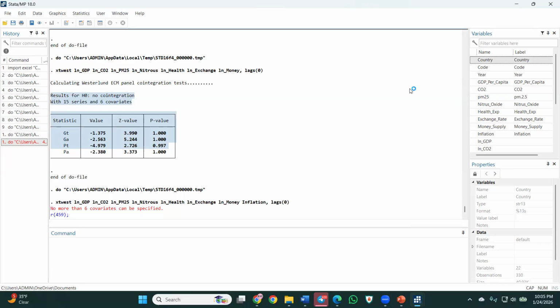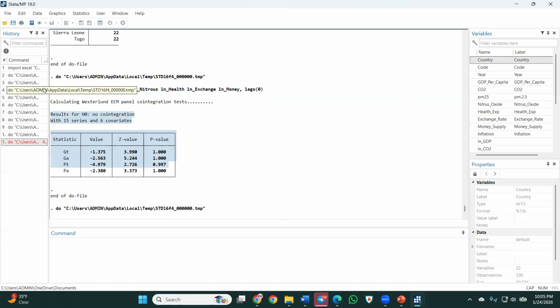But if you have multiple dependent variables, then you have to run each one. Maybe if we are having two dependent variables, then we have to run the first one and also the second one. But in this step, we have only one dependent variable, which is GDP. If you see the code, you can see that the GDP comes first before our three models.